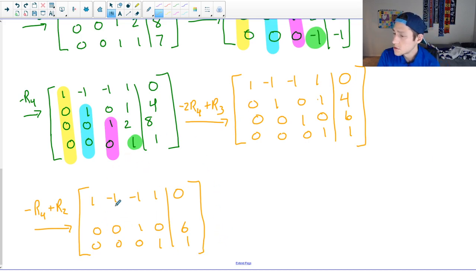All right, it's just row 2 that's going to be changing. Negative 1 times 1 is negative 1. Negative 1 plus 4 is 3. Negative 1 plus 1 would be 0. And then 0 times negative 1 plus 0, 0 times 0, right? Okay, so these are just going to stay the same. 0, 1, 0.